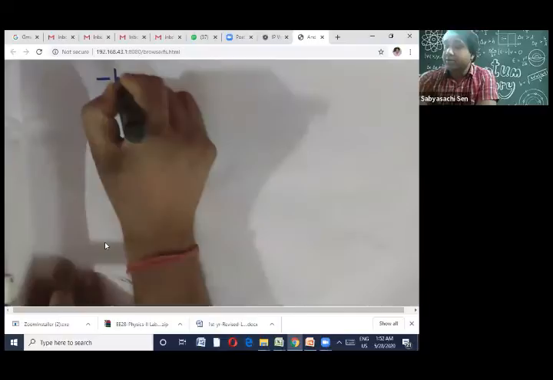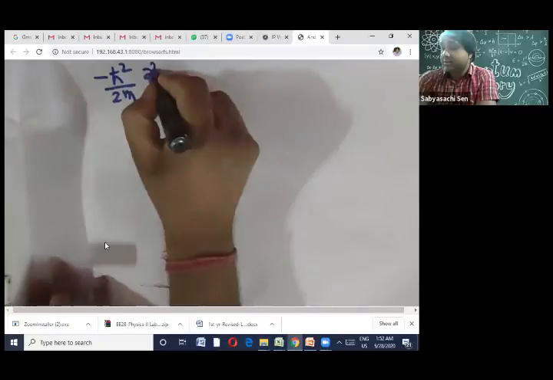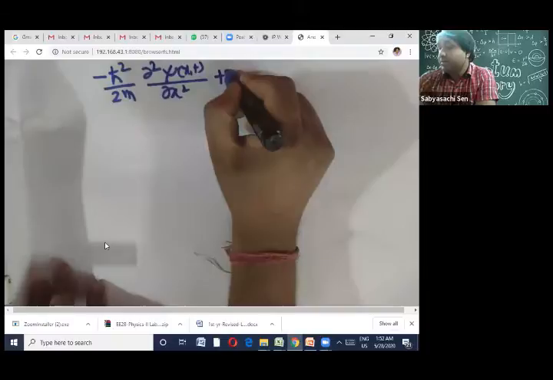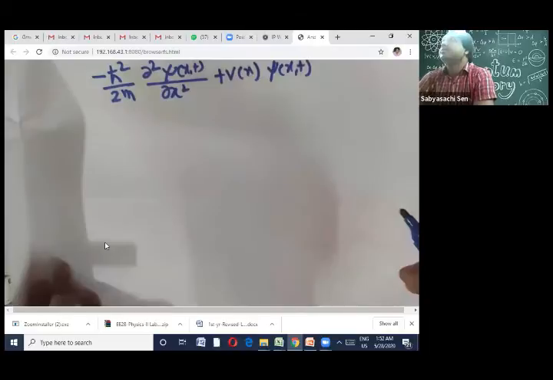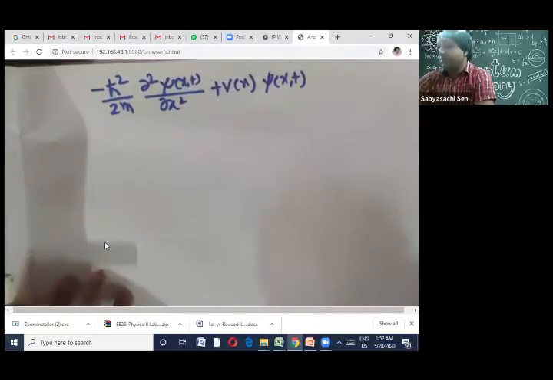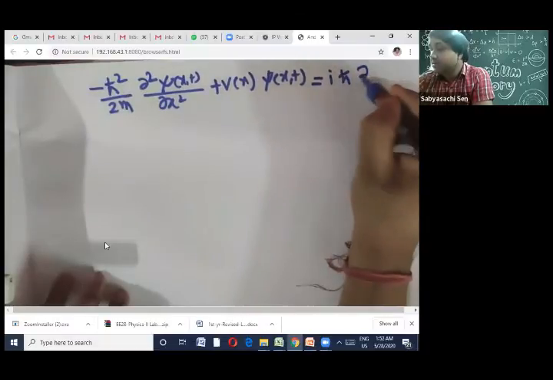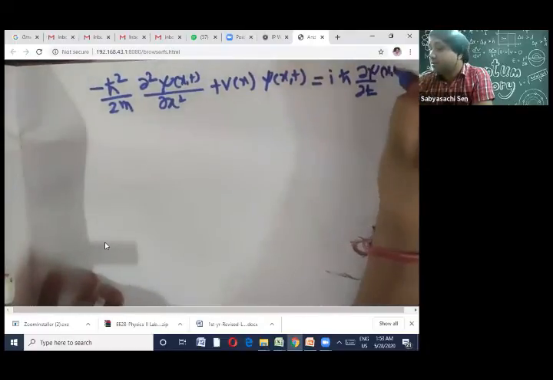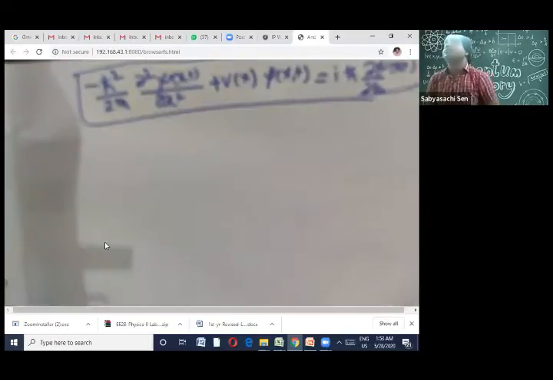Again, this is the Schrodinger equation. I have to keep on writing it for you. Let me reduce the font a bit to save space. I hope it is all right for you. I put it in a blue box now.